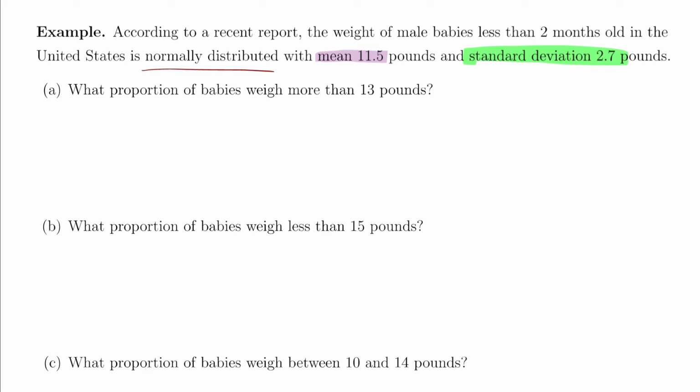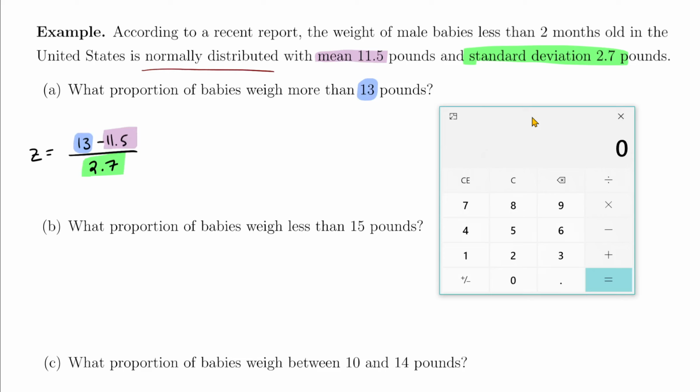We know we can only find proportions, probabilities, areas under the curve in the standard normal. So our first step is to turn this 13 into the corresponding z-score, which will give us the standard normal location in the curve. Okay, so 13 minus 11.5, our mean, gives us 1.5.